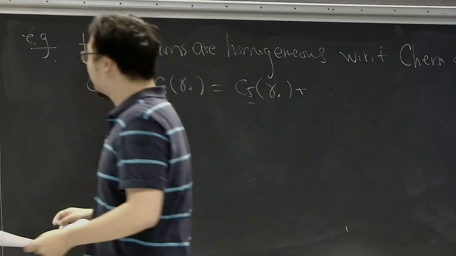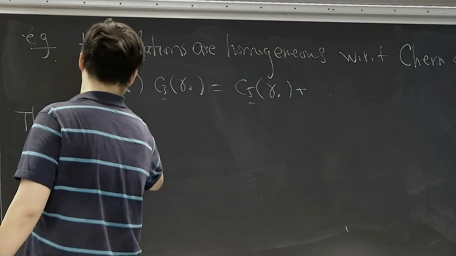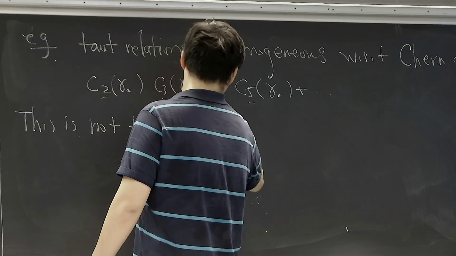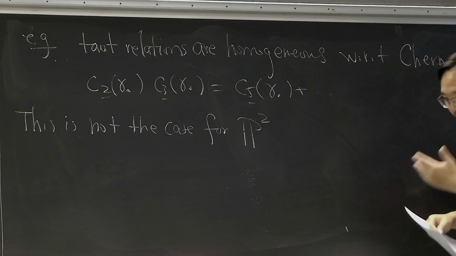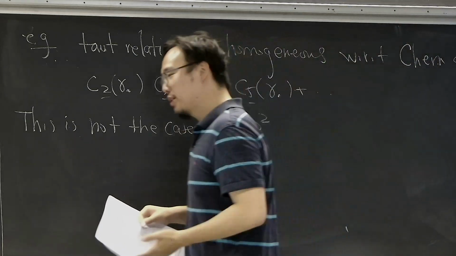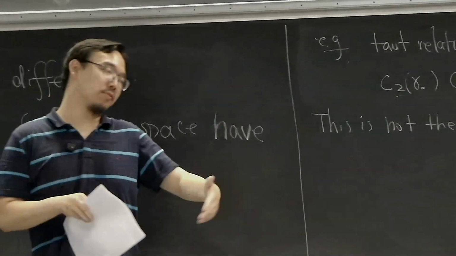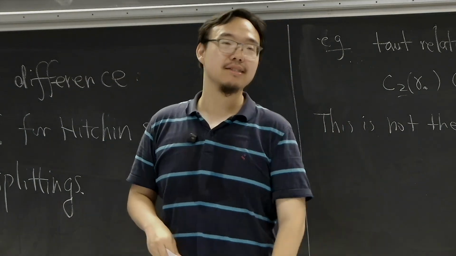However, this is not the case for P2. In other words, consider the shape of the Chern filtration going beyond the stable range, because in the stable range, of course, the range 2D minus 4, there are no relations. So you don't have this issue.